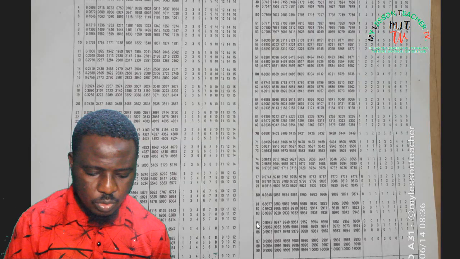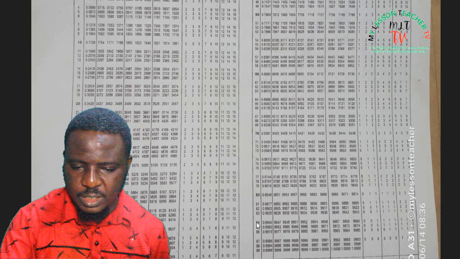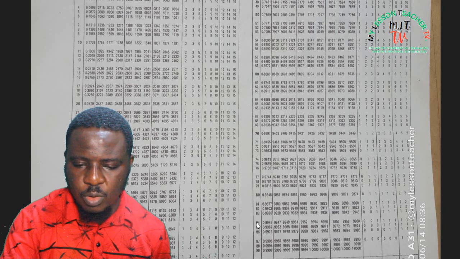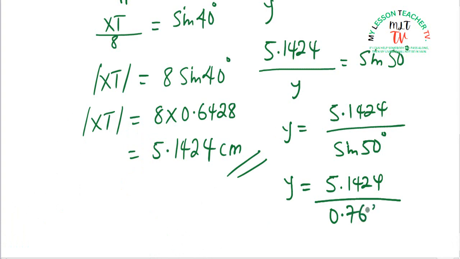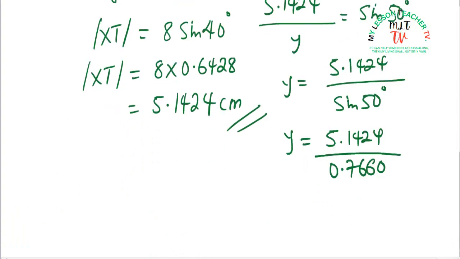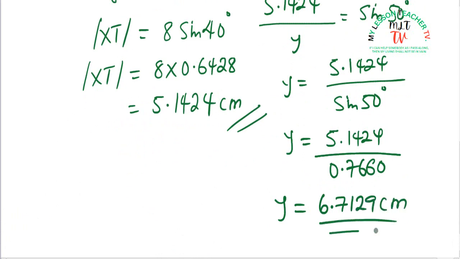Going back to your table, sine 50 is 0.7660. So when you divide, it gives you your value for y. That is to say that y is equal to 6.7129 centimeters. So this is your value for y.